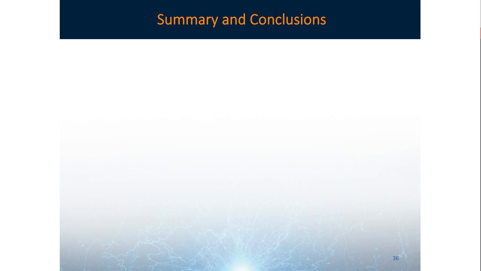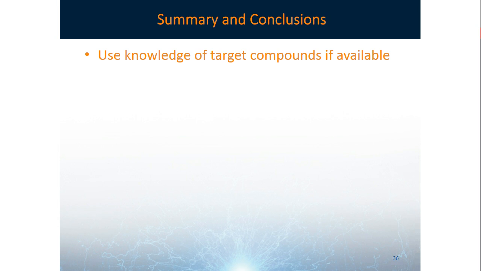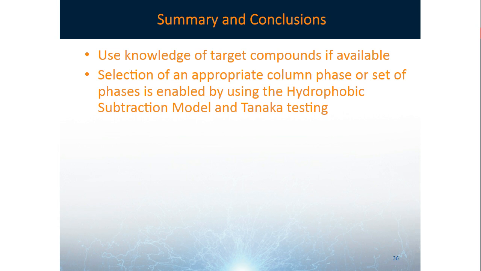So then in terms of a summary and conclusions, you definitely want to use the knowledge of target compounds if it's available to you for your method development. Selection of an appropriate column phase or a set of phases is enabled by using the hydrophobic subtraction model and Tanaka testing.